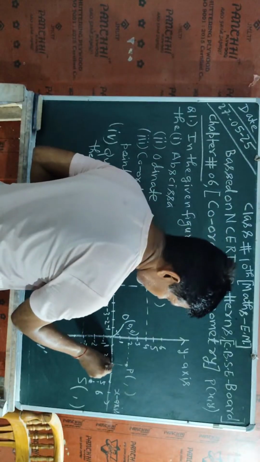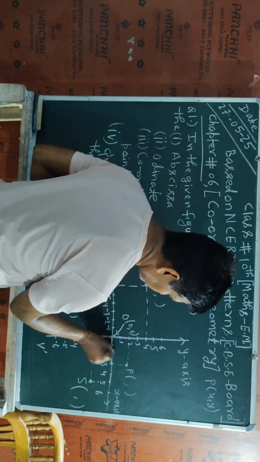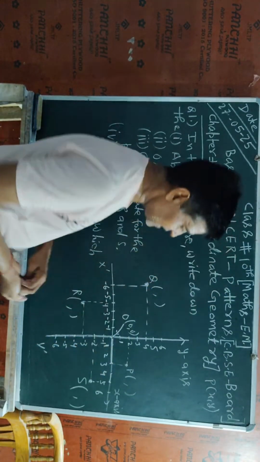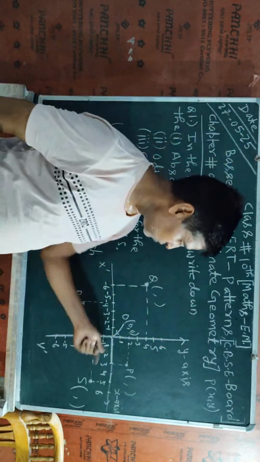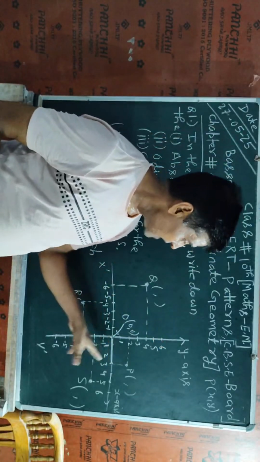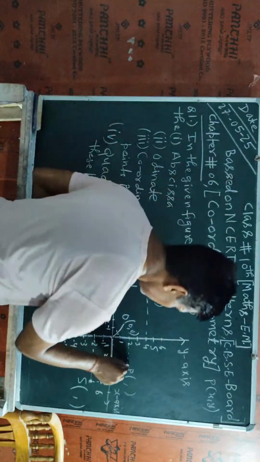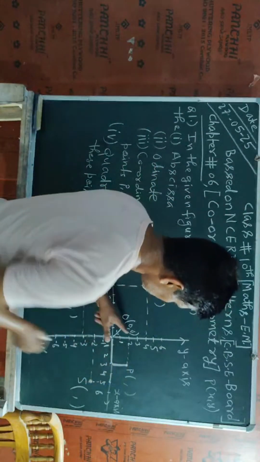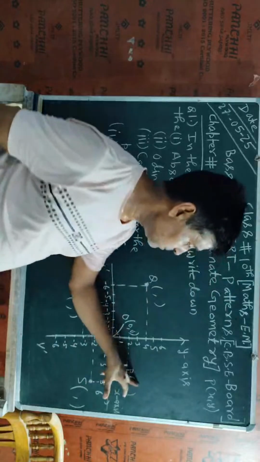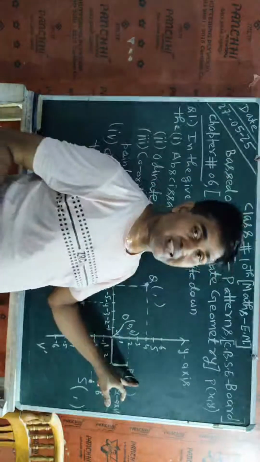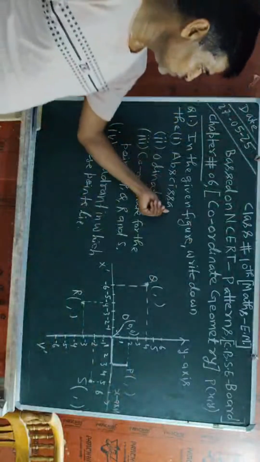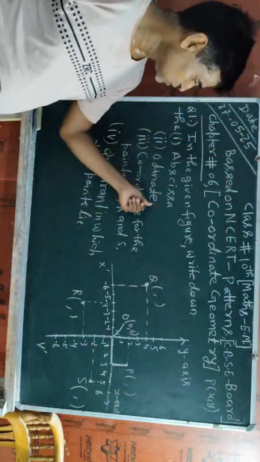Now from here I will take the perpendicular distance from the y-axis, that will be 3, and the perpendicular distance from the x-axis, that will be 2. So the coordinates of P will be (3, 2). So in this way I have to write the information of abscissa and also ordinate.